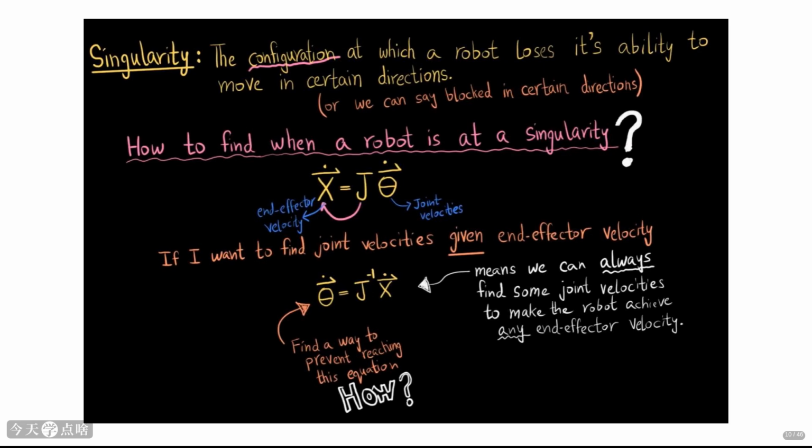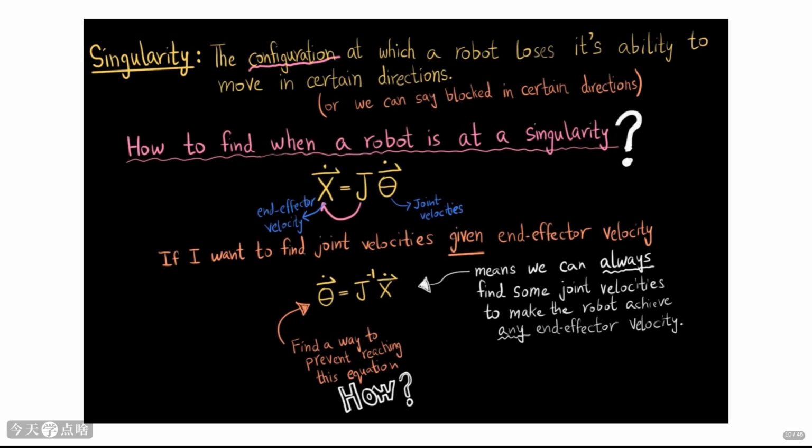The robot's Jacobian matrix J tells us about this. Remember, x dot equals J times theta dot. If the robot is at a singularity, the Jacobian matrix becomes singular, meaning its determinant is 0. This means the matrix is not invertible. If we want to find the required joint velocities theta dot to achieve a desired end effector velocity x dot, we'd normally use theta dot equals J inverse times x dot.